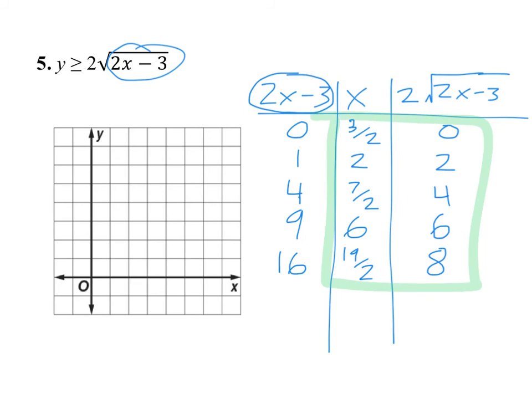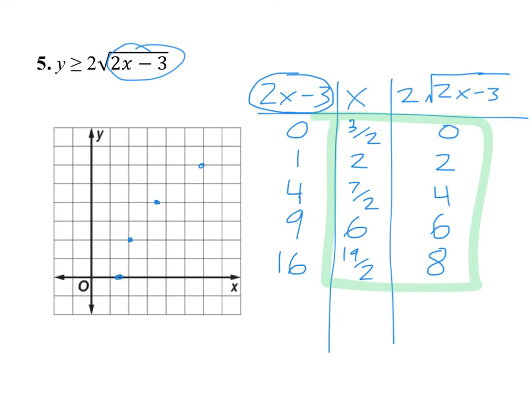So we have 1.5, 0. We have 2, 2, 3.5, 4, 6, 6, and that's all that fits.